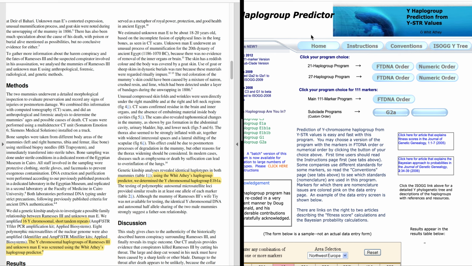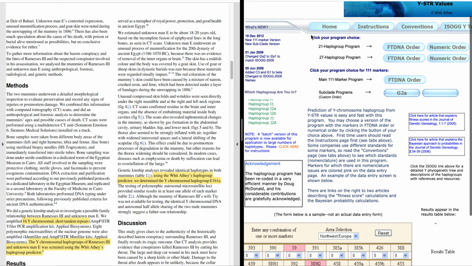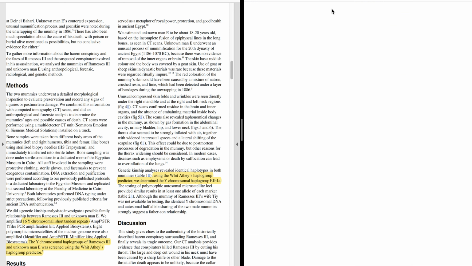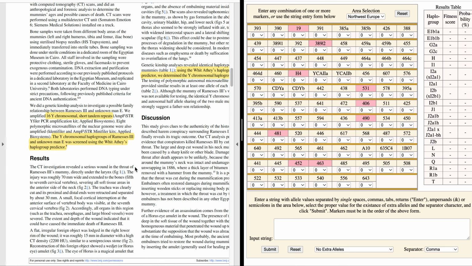And this is Athey's haplogroup predictor right here. I'm going to click on the family tree order. And in case you're thinking, didn't you do this video already?